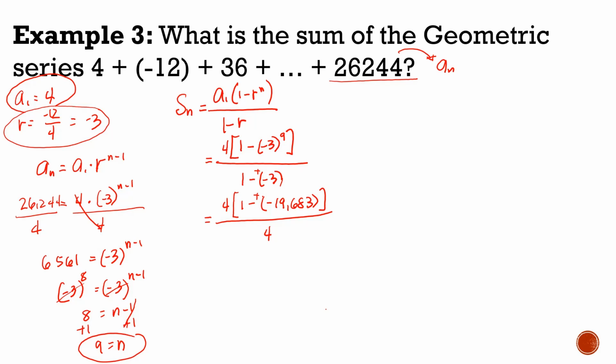This is plus also. I think we can cancel the 4. That will give us the final answer, which is 19,684. So that is S sub 9.